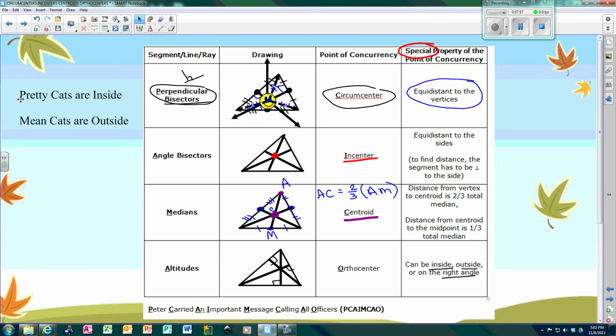Because that means perpendicular bisectors go with the circumcenter, angle bisectors go with the incenter, medians go with the centroid, altitudes go with the orthocenter. To me, this one is easier than this one. You may like this one. You may be even creative enough to come up with your own, so let me know if you do.